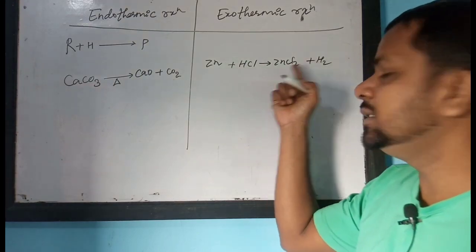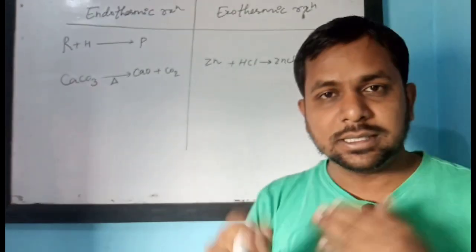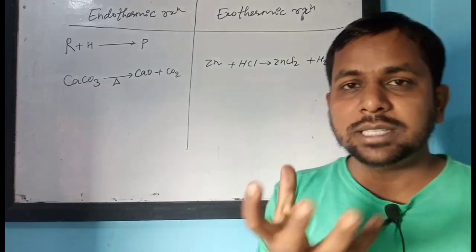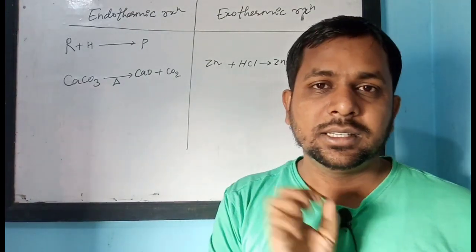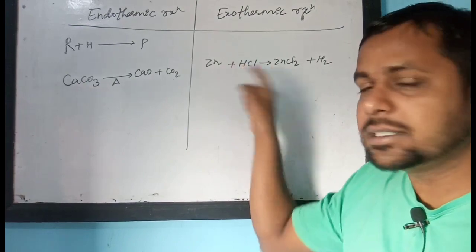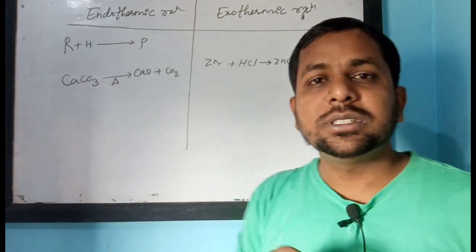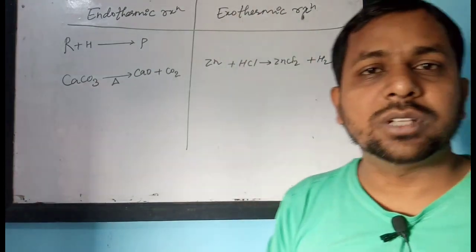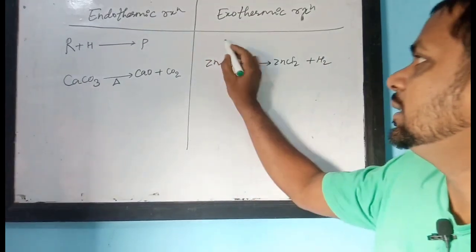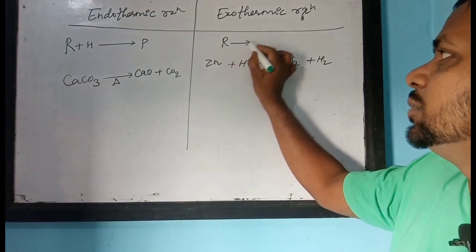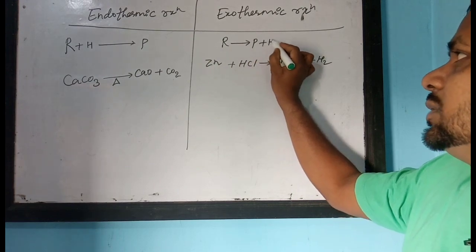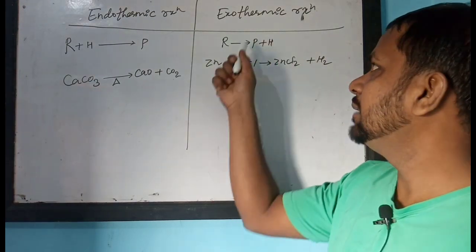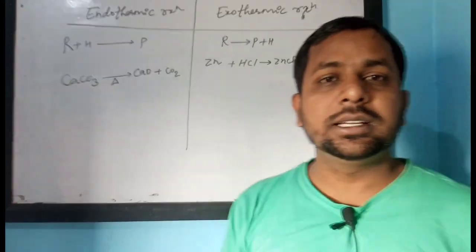And when this reaction is occurring, automatically that beaker becomes heated. It means that when this reaction is occurring, it is producing some heat. That type of reaction is called an exothermic reaction. When the reactants are changing into product, heat is produced. This is called an exothermic reaction.